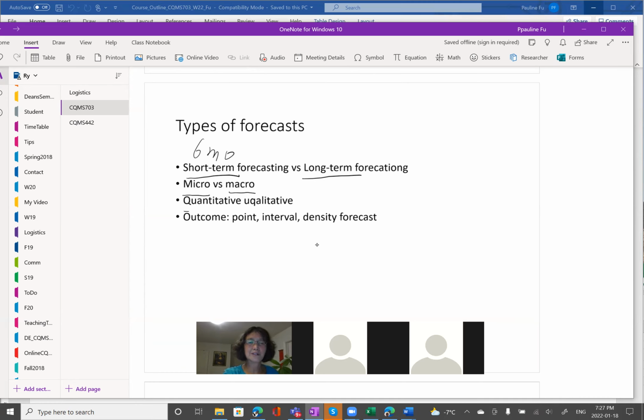Forecasting can also be divided into quantitative and qualitative. If the forecasting is based on data and data-driven methodology, that is quantitative. If the forecasting is based on experts' opinion, such as a CEO's or manager's judgment, that is qualitative forecasting.